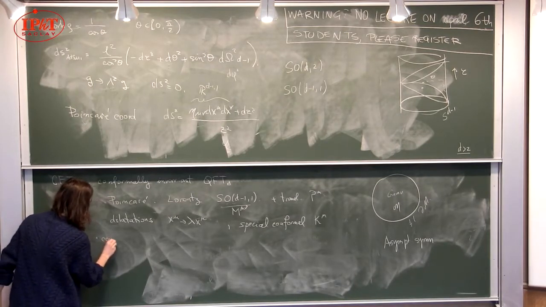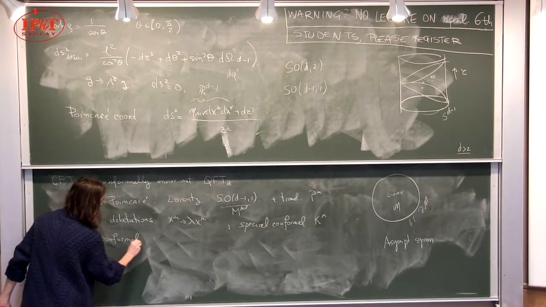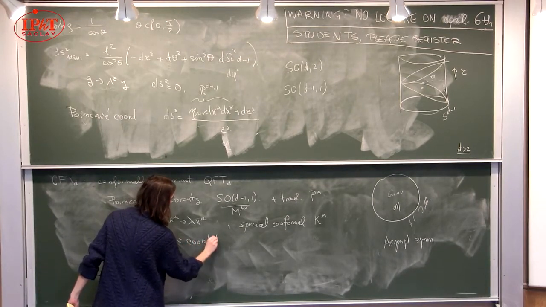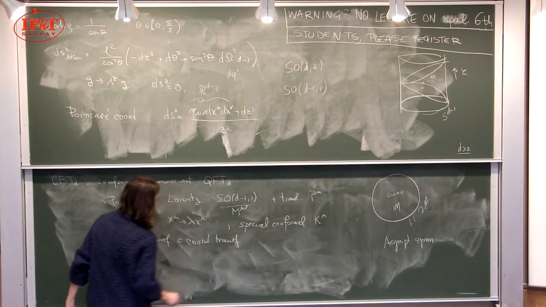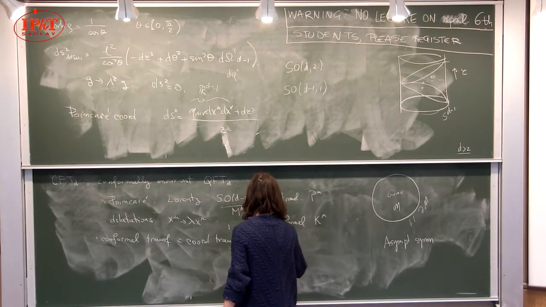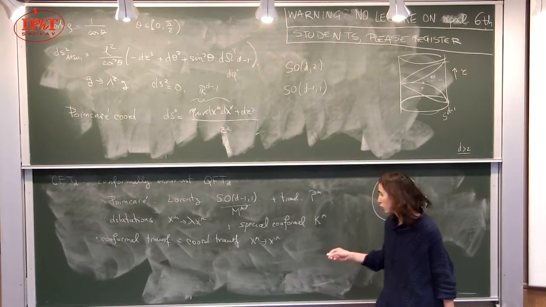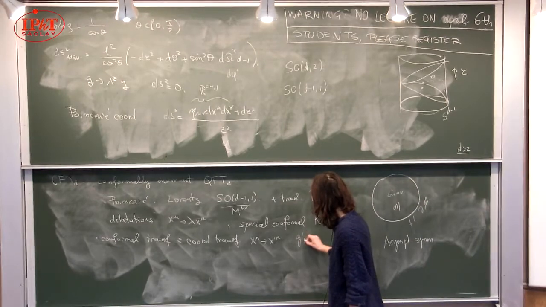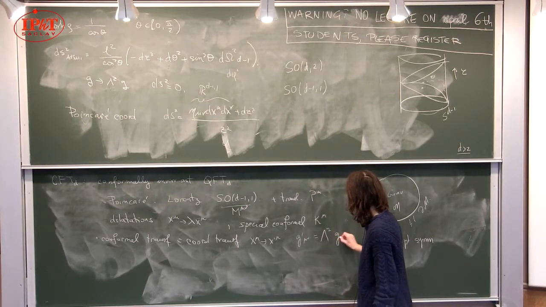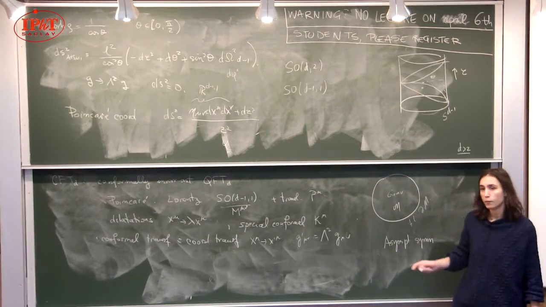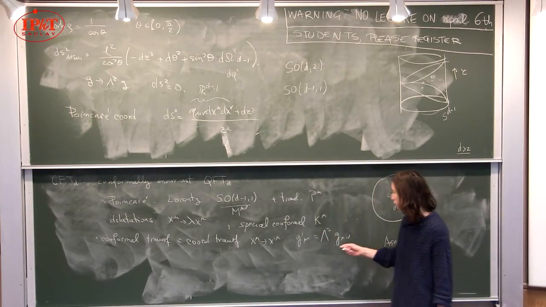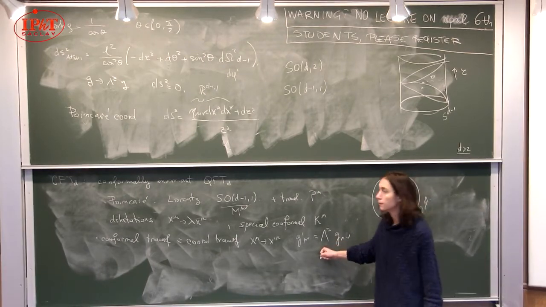Conformal transformations are coordinate transformations such that x mu goes to some x prime of mu, which are some functions of the original coordinates, such that the new metric is some conformal factor, lambda squared, times the old metric. So the new metric has to be conformal.